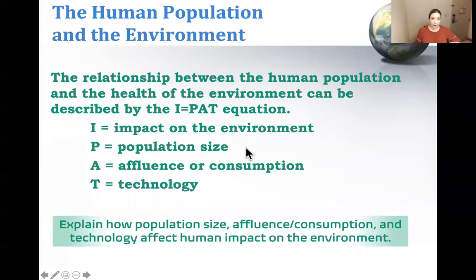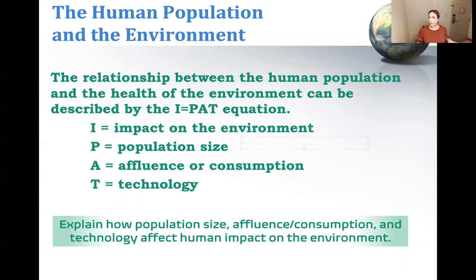So let's look at the different aspects of the IPAT equation. Population size. How do you think population size affects our impact on the environment? Well, a larger population can mean higher consumption, but it doesn't have to. So think about the US, we do not have the highest population.